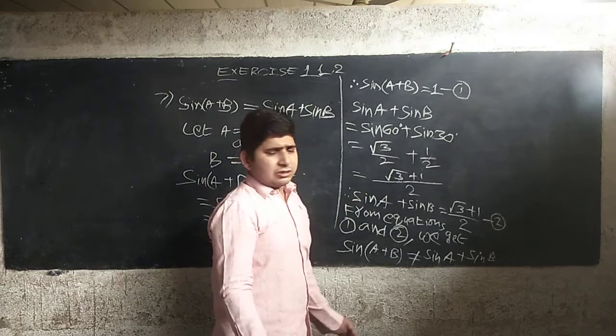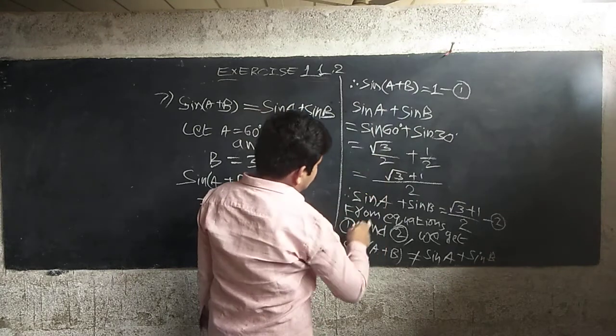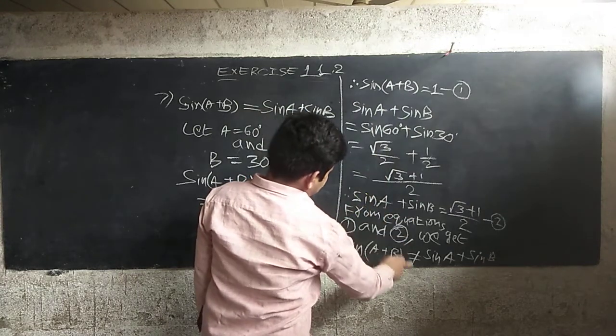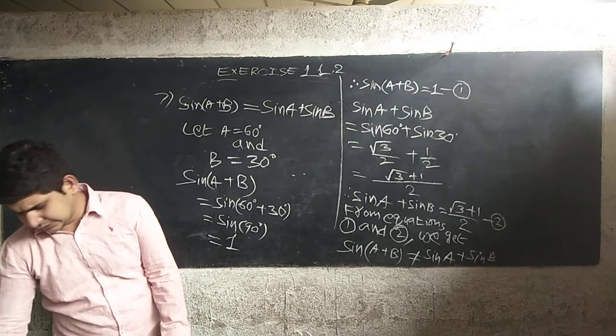So according to this concept, sin of (A plus B) is not equal to sin A plus sin B. Then what conclusion do you have to write?